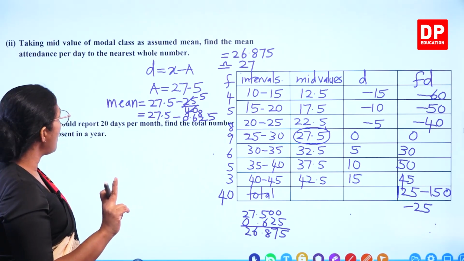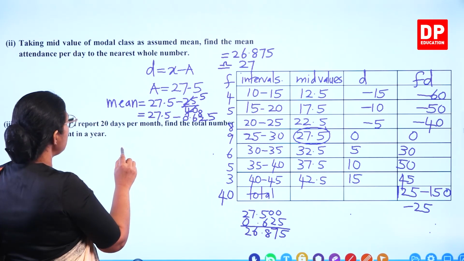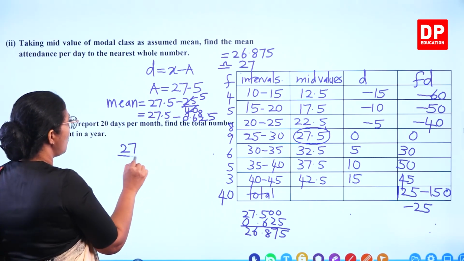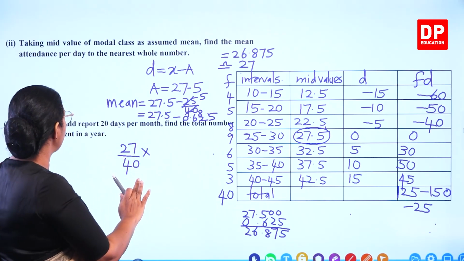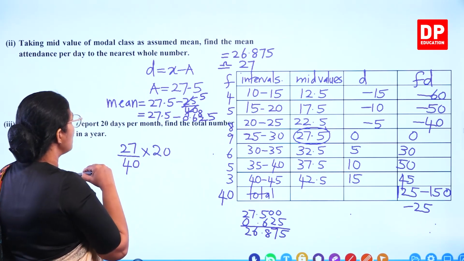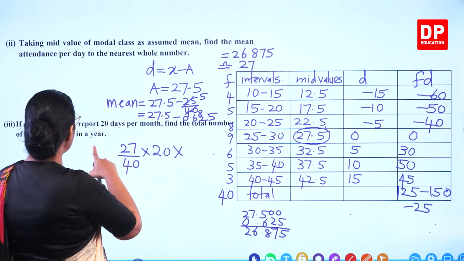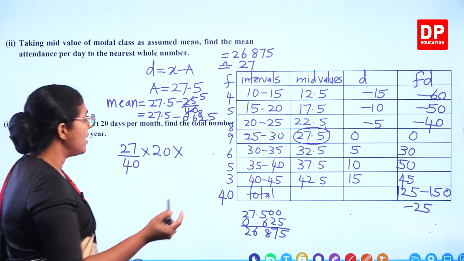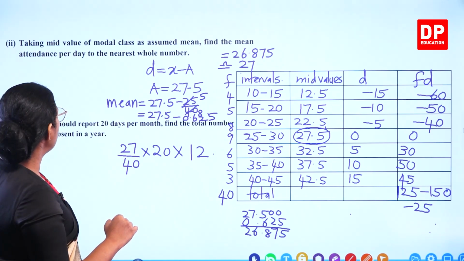When you consider one servant, the number of absent days is 27 over 40, and this is per day. Then 20 days are there, so you have to multiply by 20. And this is for the year. How many months are there? 12 months. So you have to multiply by 12 as well.